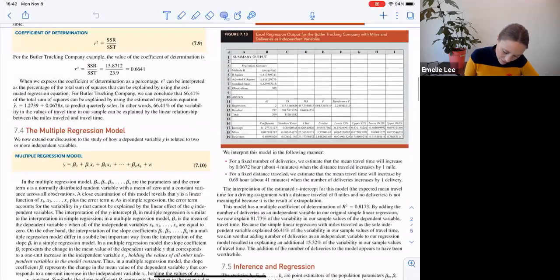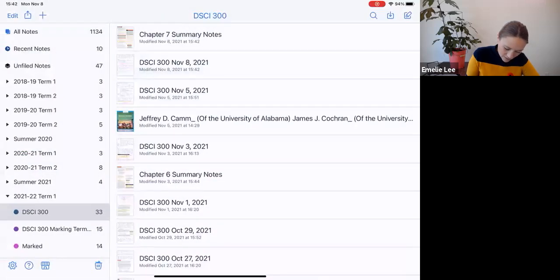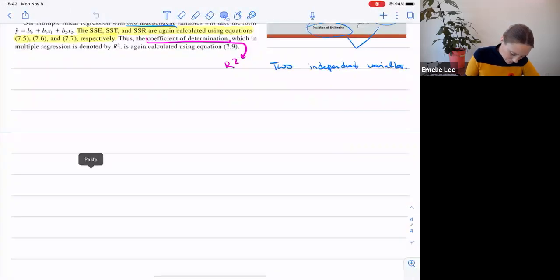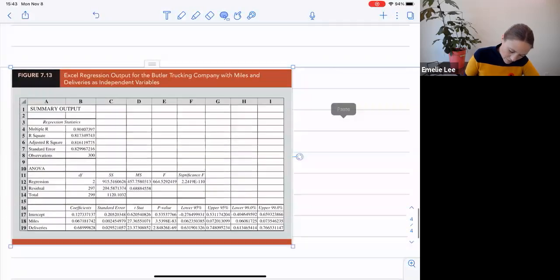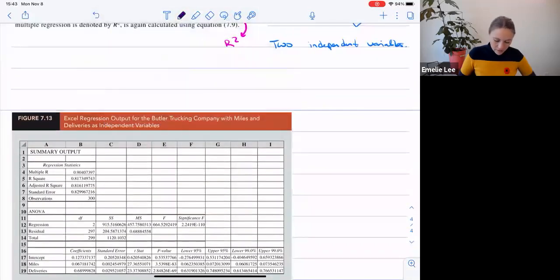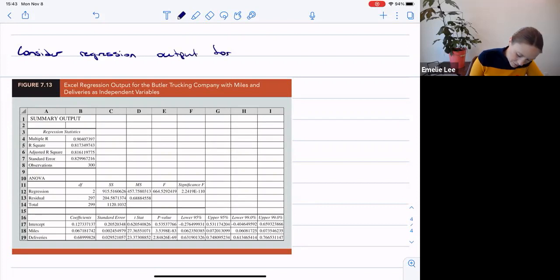So if we have some output, let me copy this. Consider regression output for two independent variables.